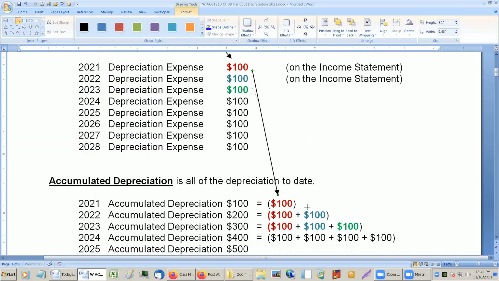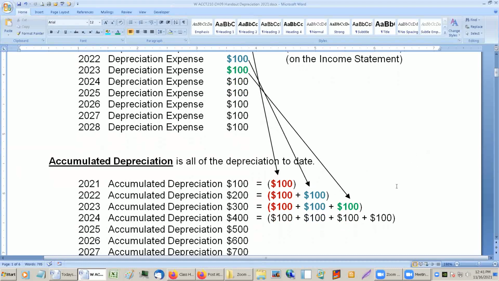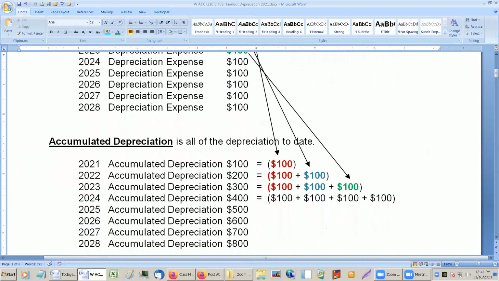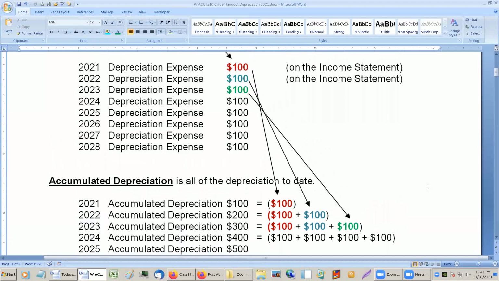This is the second one. This might be more confusing than helpful. So every year we just keep adding more onto it. The depreciation just keeps going up and up and up. I didn't go all through 8 years, but you guys get the idea. Any questions on that?